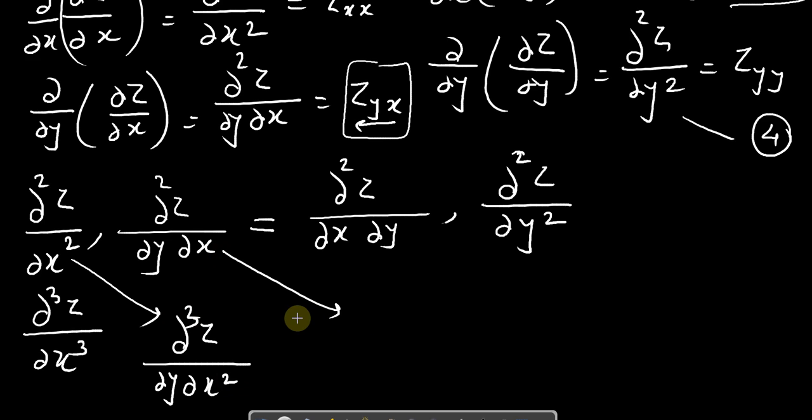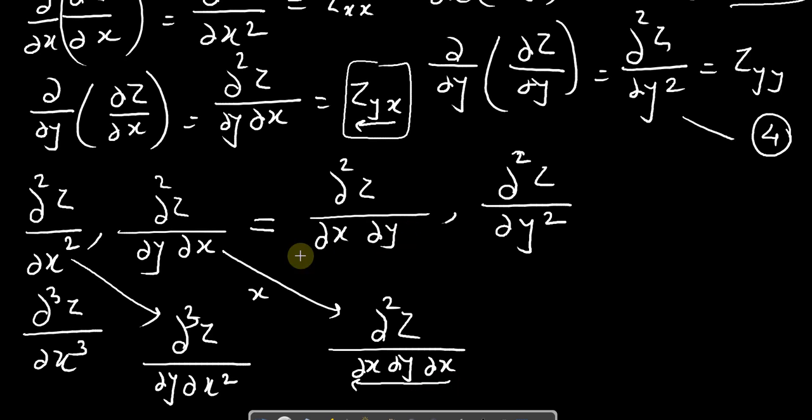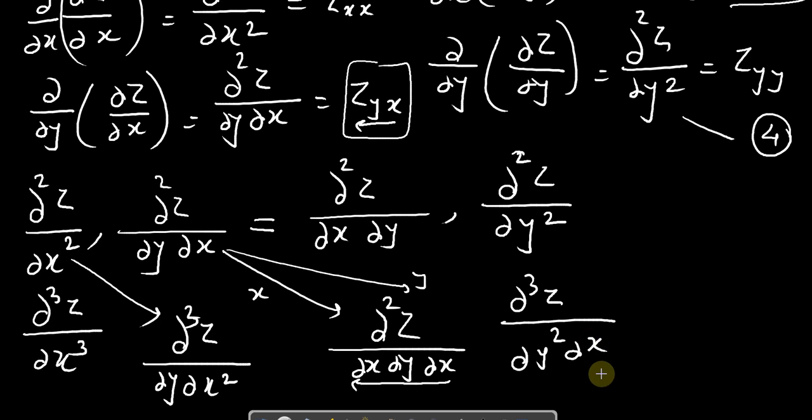If we differentiate this further with respect to x, dou cube z by dou x dou y dou x. How? x, y and x. If we differentiate this with respect to y, we get dou cube z by dou y square dou x, that is once with respect to x, then twice with respect to y, and so on. So in this way, we get higher order derivatives.